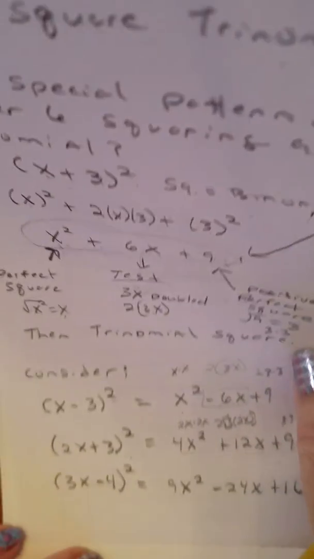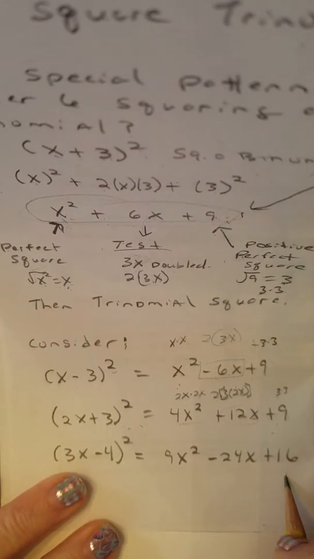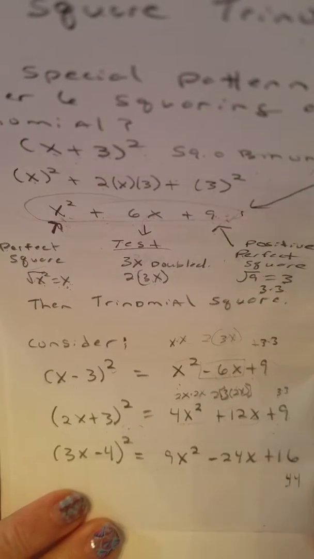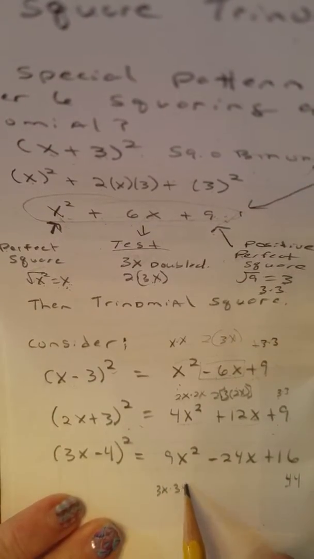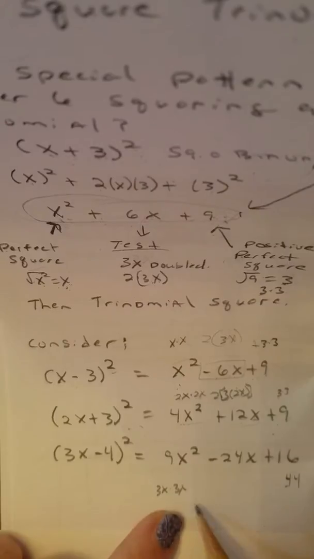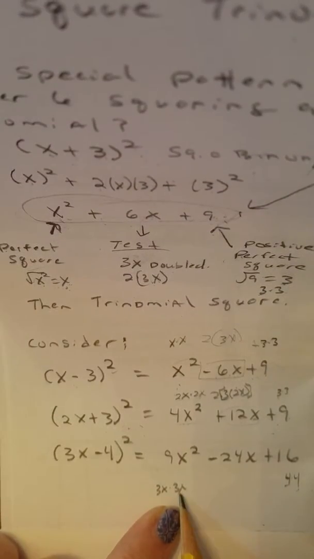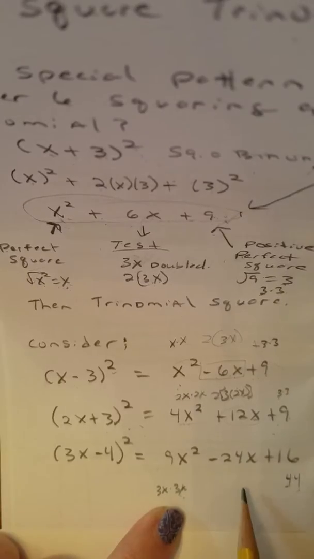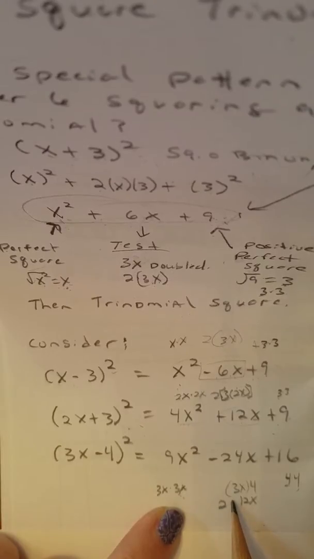Let's test this one. Is this a perfect square? Well, sure, because 4 times 4 gives me 16. 3x times 3x gives me 9x squared, so that's a perfect square. Now if I take the 3x times the 4, I get 12x, but I've got to double that.